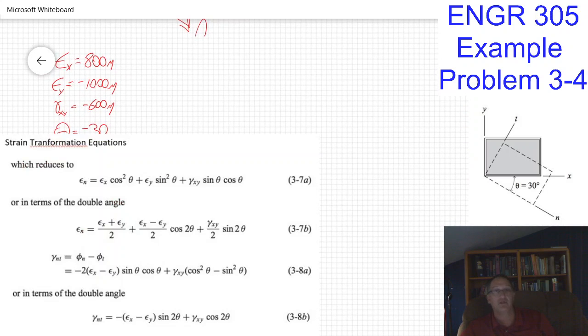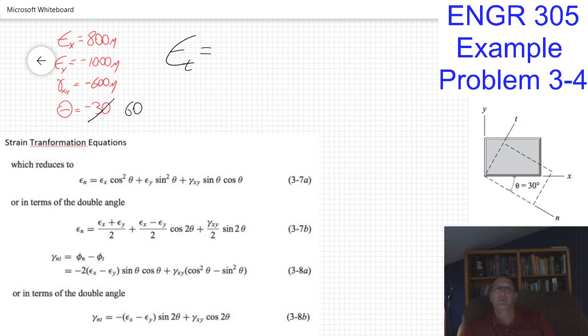I'm going to put the equation back up because, while I'm doing the strain in the T direction, it's not now 30, it's now positive 60. And I'm just going to repeat the process.